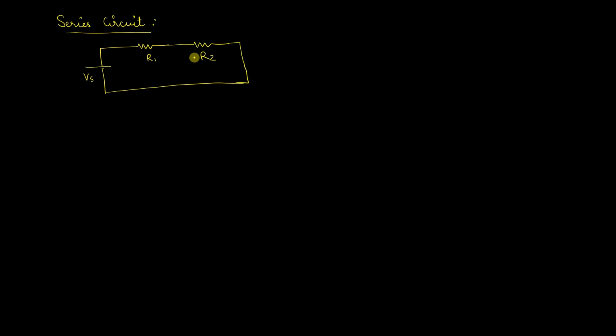Before that, let me just tell you what is the meaning of connection in series. So basically when we say the elements are connected in series, means they are connected just at one single point. So this is one point connection that you have between these two elements. So if I consider this to be say R1 and R2, R1 and R2 are connected only at one particular point.